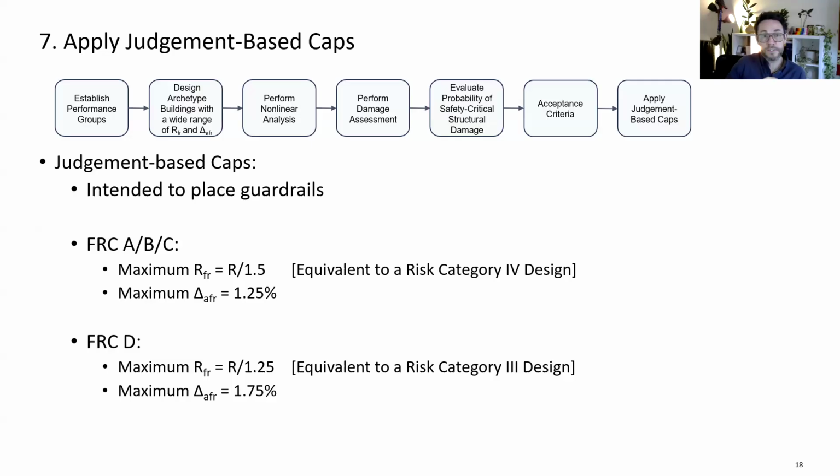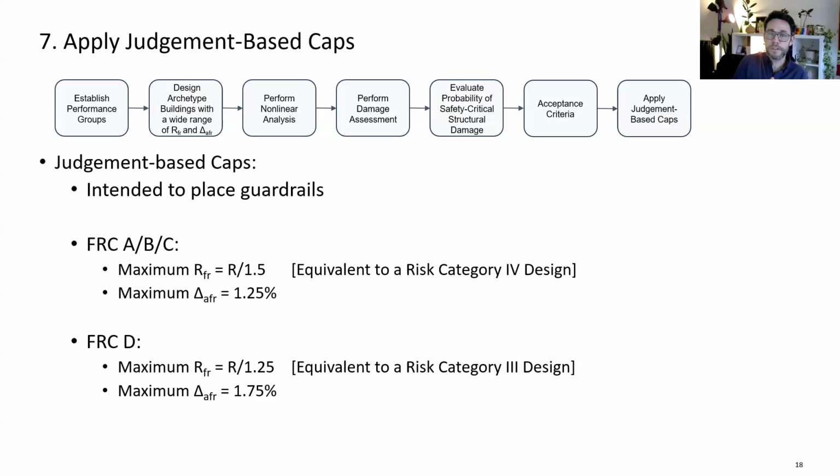So as part of this overall framework, once we've iterated and identified appropriate values of RFR and drift limit from our analysis, those are checked against these judgment-based caps. Specifically, these caps limit RFR to be 1 over 1.5 and maximum drift of 1.25%, for functional recovery categories A, B, and C.